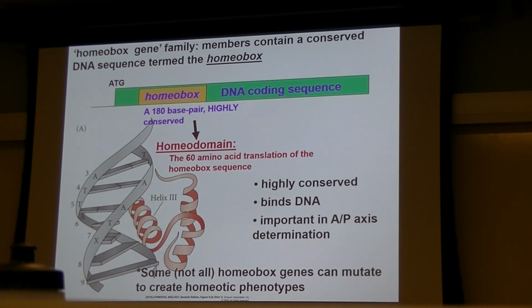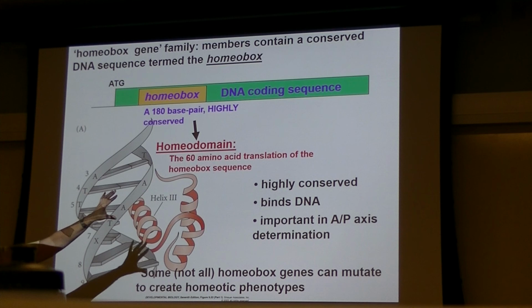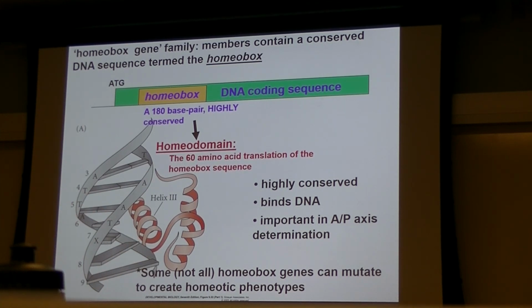Like any good gene, they're going to have a region that has a DNA coding sequence. This will start with an ATG, which is your methionine initiation codon, and then you'll have an open reading frame, which represents the region of the gene where amino acids would be coded based on that DNA sequence. Within that region, which I've represented here as a green box, there is a portion of the coding sequence that we call the homeobox.